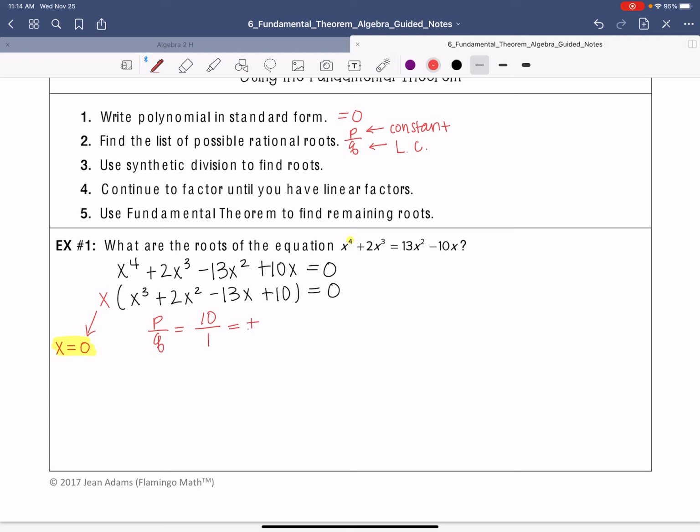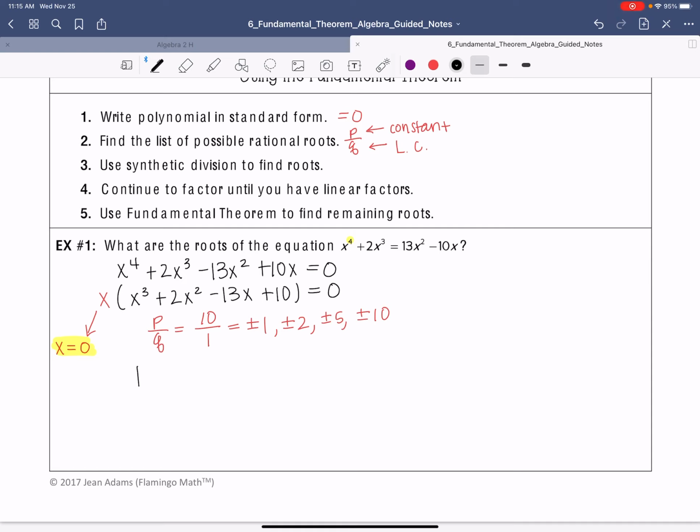So factors of 10, plus or minus 1, plus or minus 2, plus or minus 5, plus or minus 10. So that's a pretty easy one. So I have a total of 8 different possible roots that I need to test. So I always start with 1, and then I go -1, 2, -2. I just go in order, so that's what I'm going to go ahead and do.